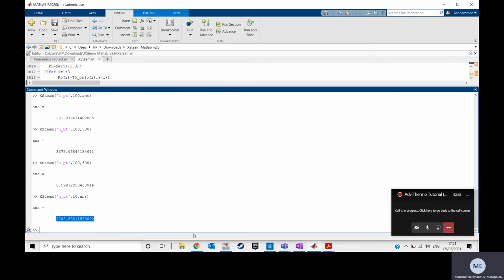Let me call it 6.6. So 6.6 is higher than Sg, not much higher, but higher. So this is clearly superheated. Then I go to table A6, to that pressure, which is 1 megapascal, and I seek that entropy, 6.6, as we said. So it is between 6.58 and 6.69.